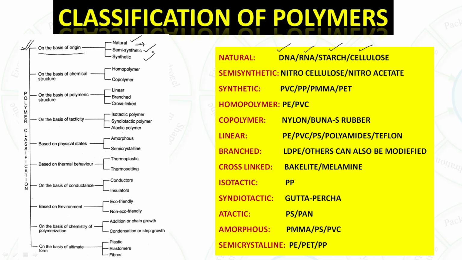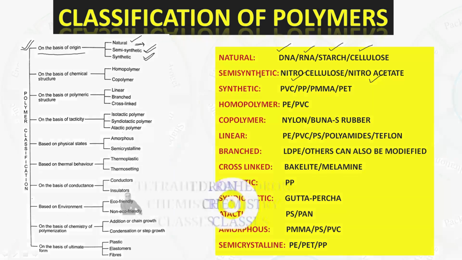And then there come the semi-synthetic polymers. Semi-synthetic polymers are nothing but polymers where we enhance some of the properties of the natural polymers by the addition of certain groups, right? Some of the examples are what? You can see the nitroacetate and nitrocellulose. These two are very fine examples of the semi-synthetic. And after that there come the synthetic polymers. Almost 90% of polymers are synthetic polymers.